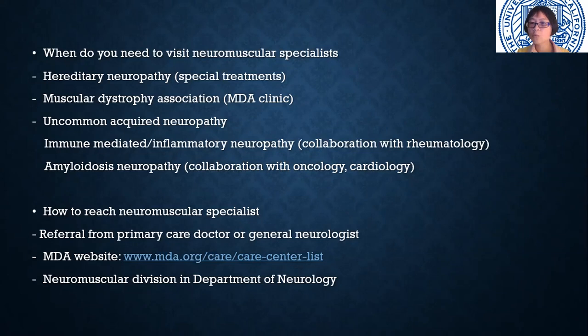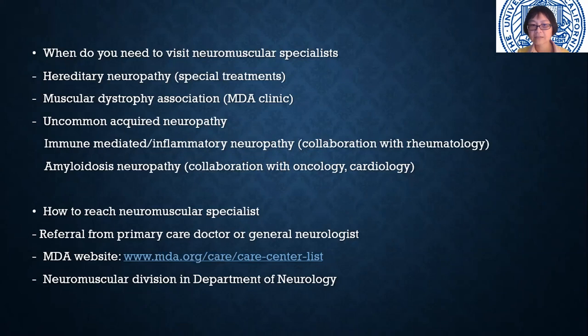Then how can you reach a neuromuscular specialist? Well, your primary care doctor or your general neurologist could send referrals to neuromuscular specialists. And you can also look at the MDA website if your neuropathy condition is fitting the specific care within the range of an MDA clinic.